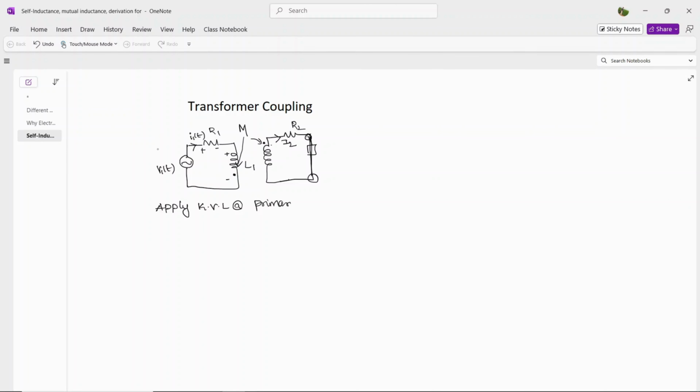It's an AC supply, but there's nothing wrong with writing the polarities. So let's write down the polarities, where V1 is the voltage source.